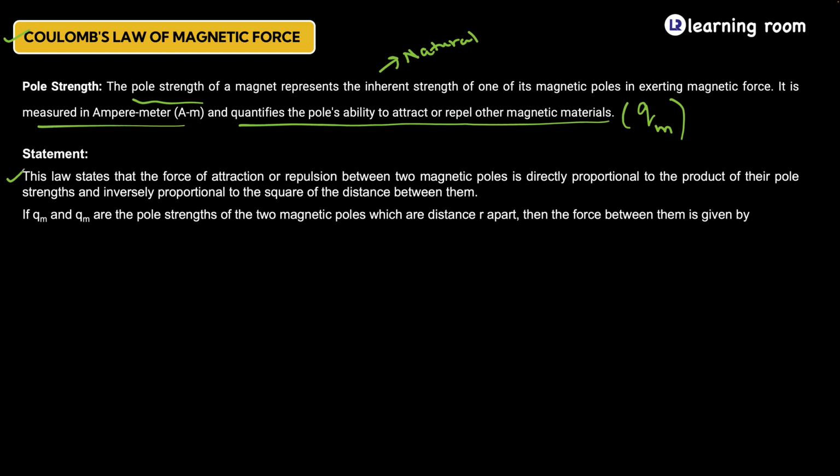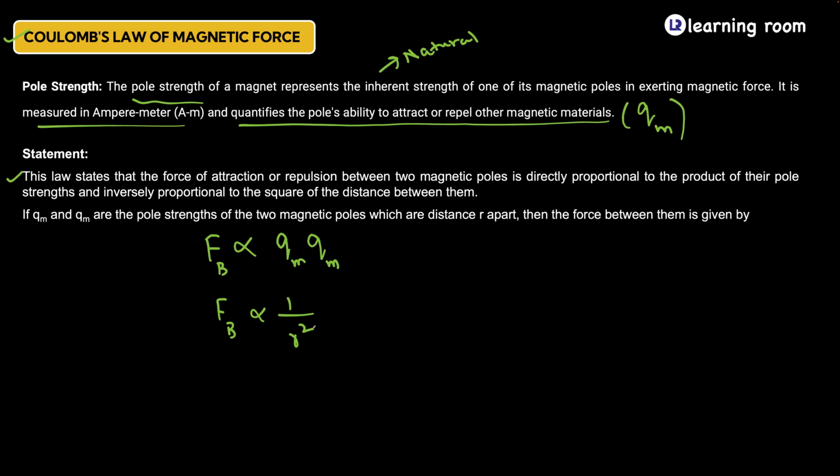If QM and QM are the pole strengths of two magnetic poles which are distance r apart, then the force between them is given as, for magnetic field, so it is magnetic force. Magnetic force is directly proportional to the product of QM and QM, and inversely proportional to the square of the distance of separation between them.